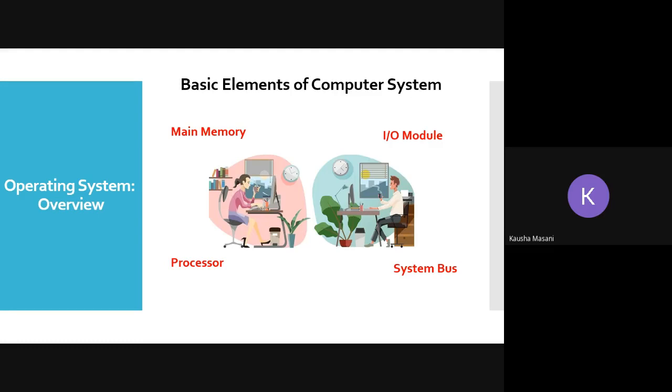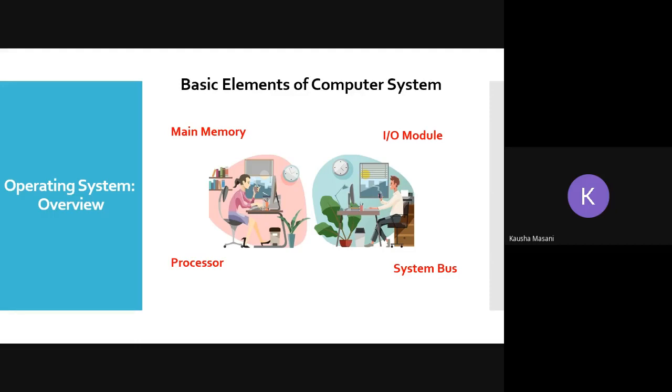And partly it is right also. See, your system bus is responsible for communication between your main memory and your input output modules. How exactly it is taking the instructions is all there in one of the subjects which you are going to learn in future semesters also.